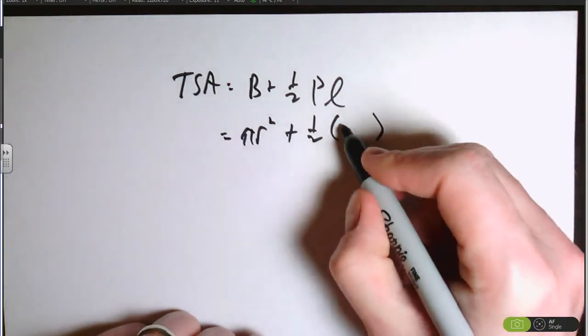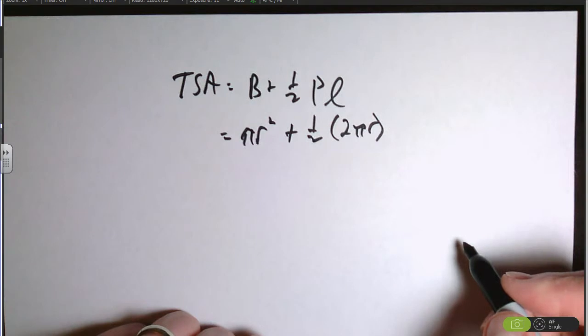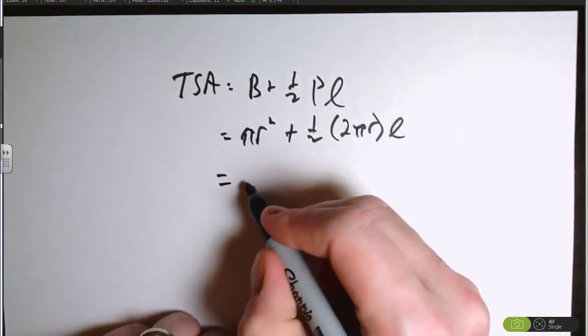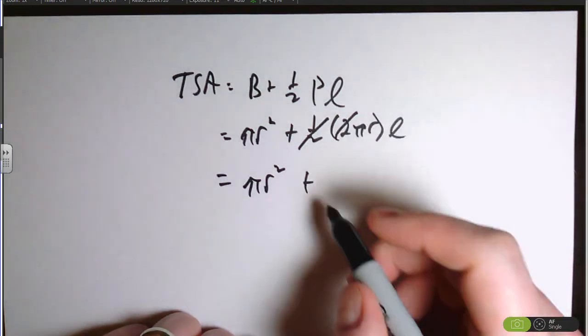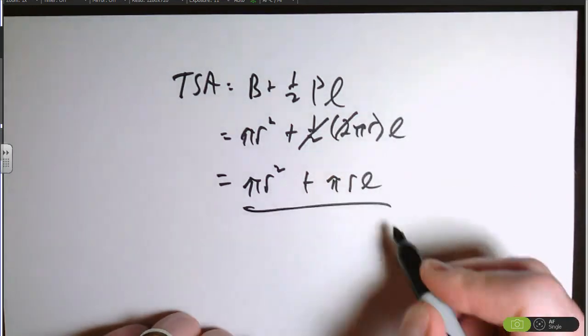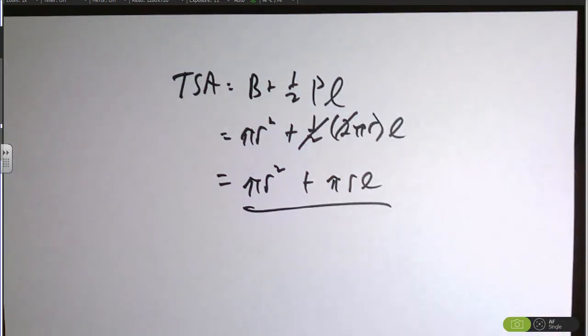Well, that's circumference, which is 2 pi r times L. And what ends up happening is you get pi r squared plus, with the 1/2 and the 2 canceling, pi r L. There we go. That's the formula for total surface area of a cone.